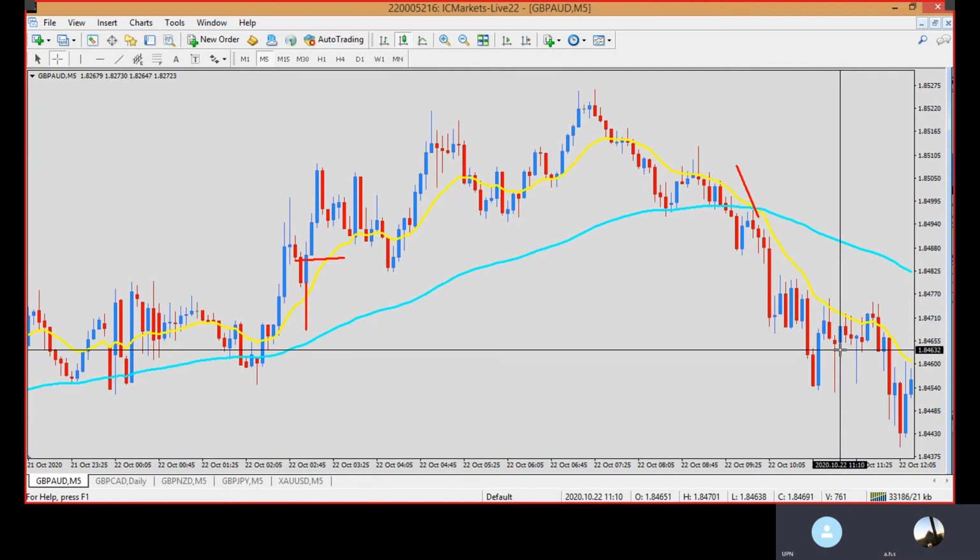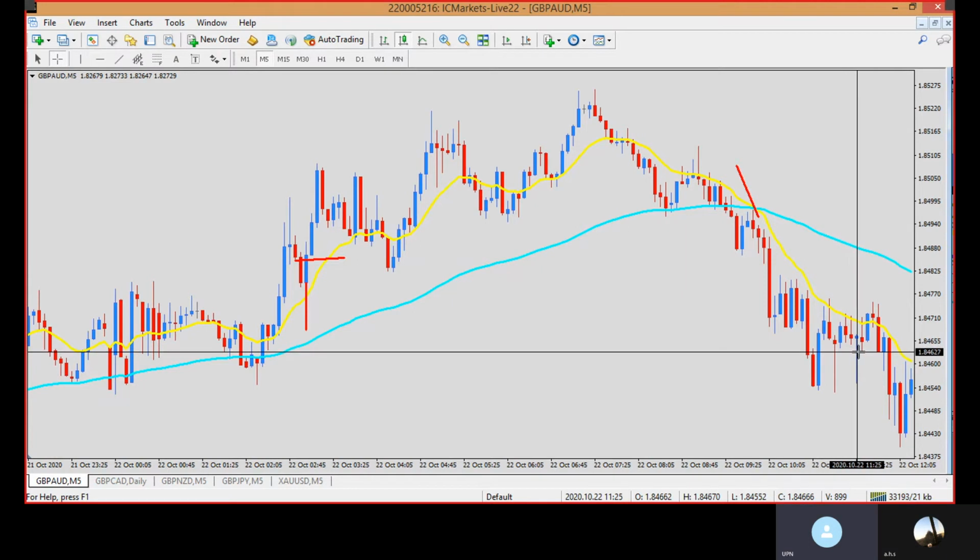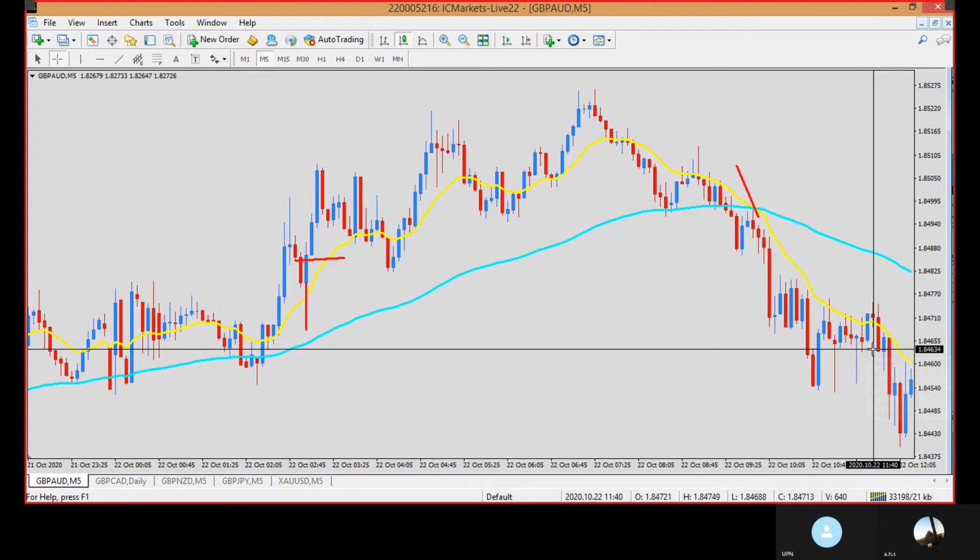Yeah, okay, no, not that one. Front a little. Yeah, that one. Okay. So having closed above the moving average, why didn't you think it's a sign it's going to move, it's going to come for your stop?